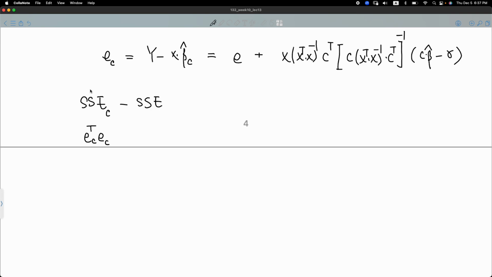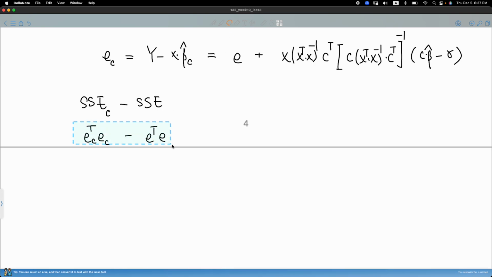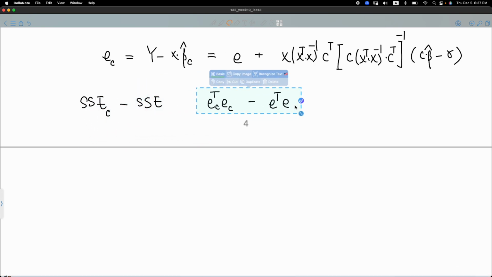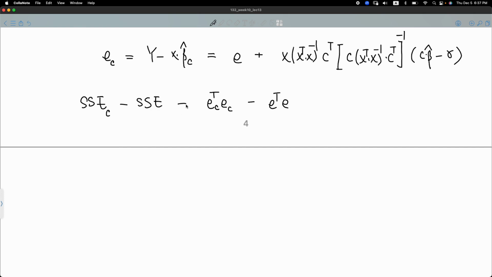So that is the sum of the square residual. And for this one, it's just E transpose E. So you square them and sum them together. So SSE. Okay. And yeah, this one will provide some useful information regarding the distribution.